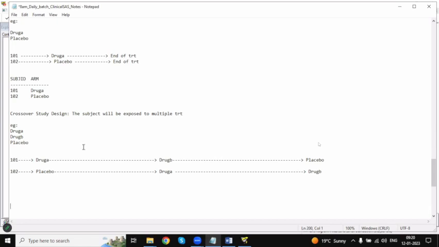I was saying that after taking drug A, after some days or some weeks, we'll take drug B. That gap we call a washout period. Some people also call it a rest period.